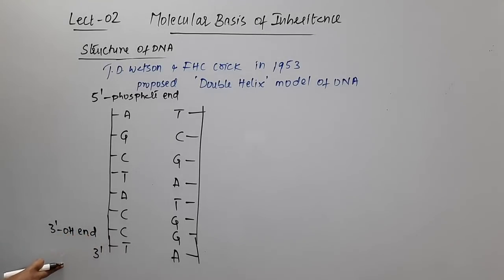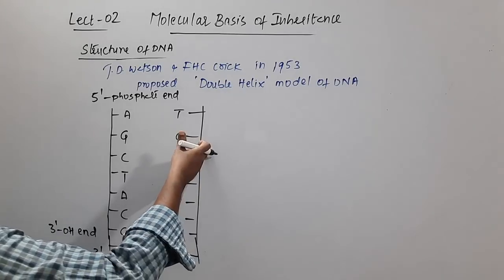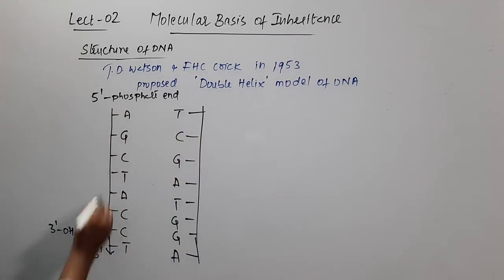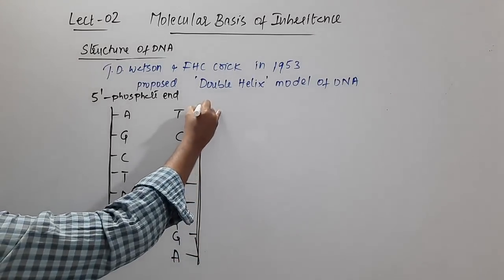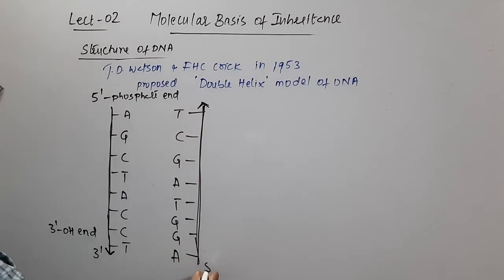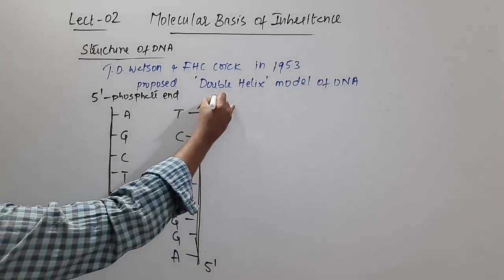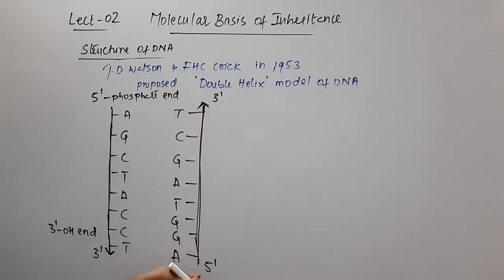The opposite strand runs the other way, so I take this as 5 dash and this as 3 dash, with the 5 phosphate end and the 3 OH end. How the phosphate and OH ends have come up, we'll see shortly.